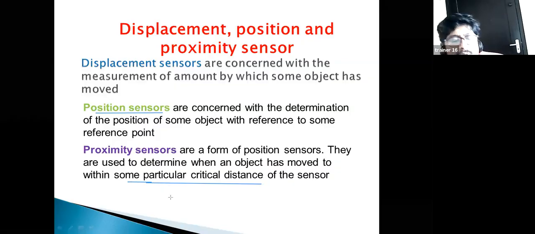For example, take our automatic iron box. Inside, what is there? A bimetallic material strip is there.